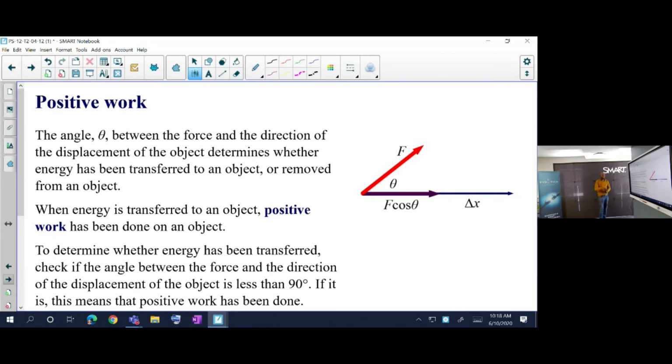It will move faster and faster, but it's going to be determined by the force applied to that particular object. And here, in order for you to define positive work, you have to say when energy is transferred to an object, positive work has been done on an object. That is the key. All right.